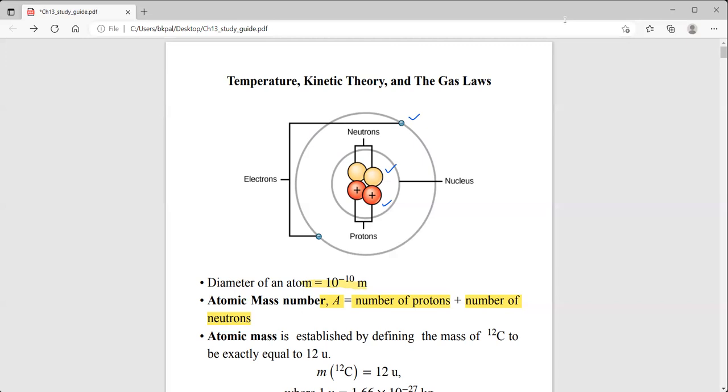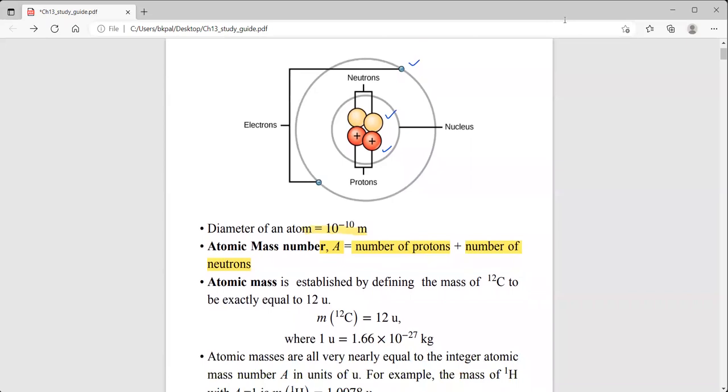The next thing is the atomic mass or atomic mass unit. Atomic mass is established by defining the mass of a carbon 12 atom to be exactly equal to 12 u. Here u means the atomic mass unit.